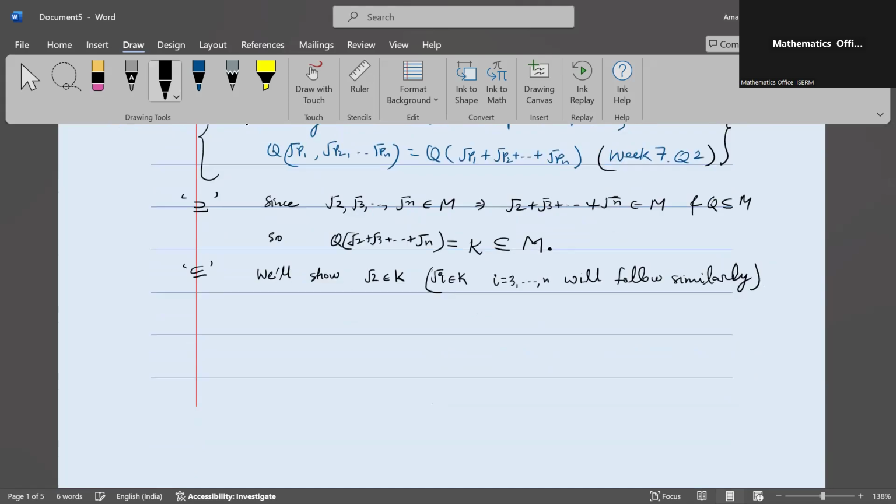So how to do this? Here we have this extension M, and here K, and downward we have Q. Somewhere here we have Q(√2).